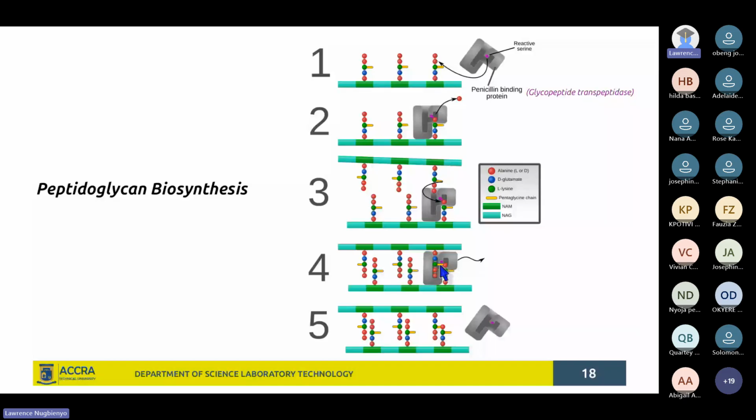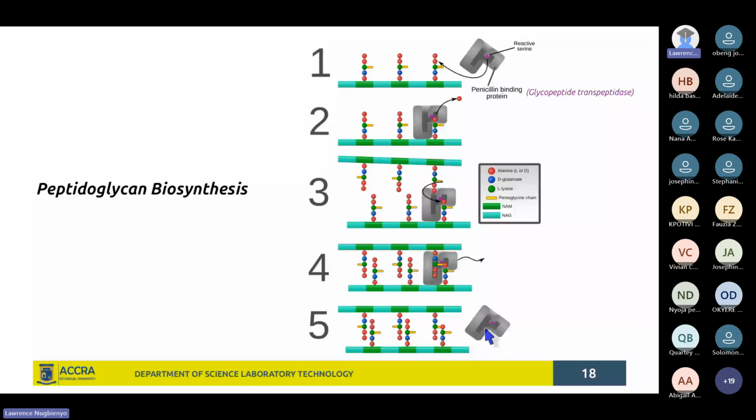Now, this type of linkage, this cross linkage, is going to be formed between adjacent peptides along the chain. And you see at the end, when the cross linkage is formed, you have the glycopeptide transpeptidase dissociating from it because it has finished its work.